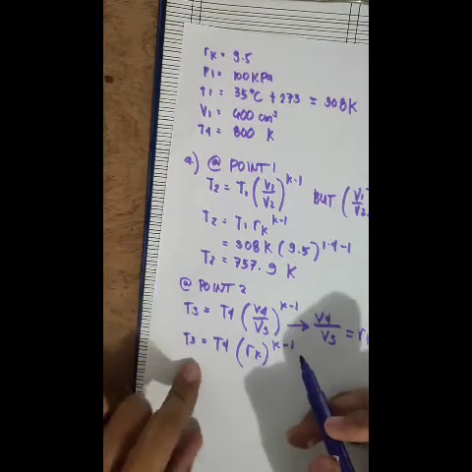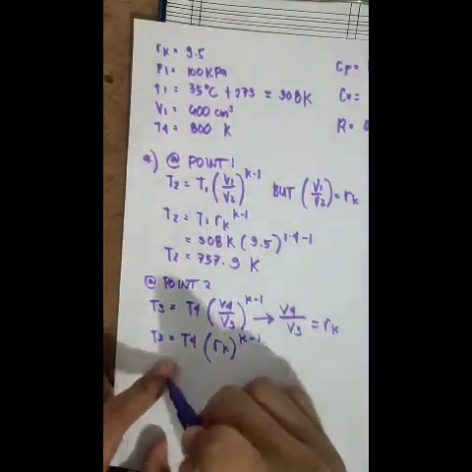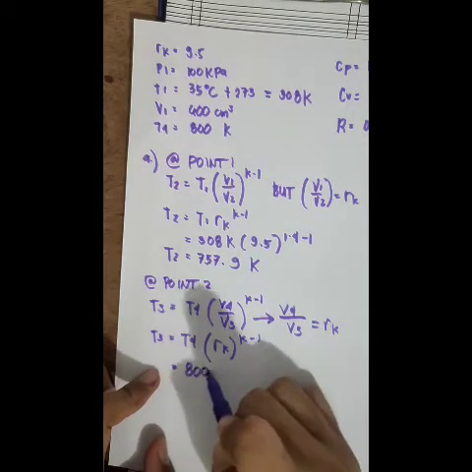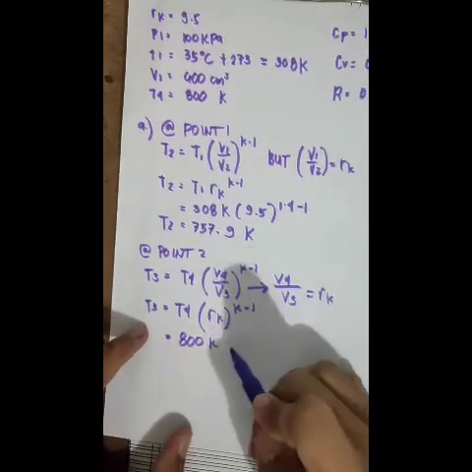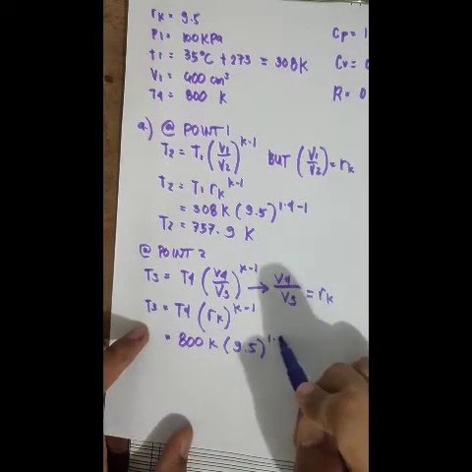So from this we will substitute this data. T4 is equal to 800 Kelvin multiplied by RK, which is 9.5 raised to 1.4 minus 1.